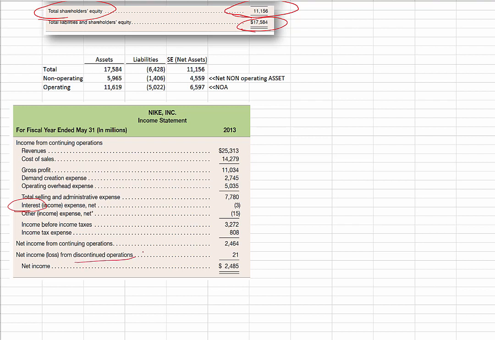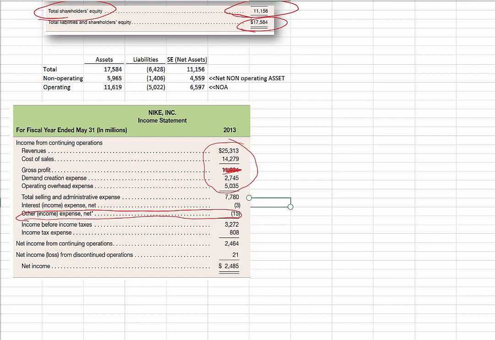And of course, discontinued operations are non-operating. So it looks like all of these things, except for that subtotal there for gross profit, and this other. I don't know what other is, but I can't clearly tell that that is non-operating, so I'm going to include that as operating.